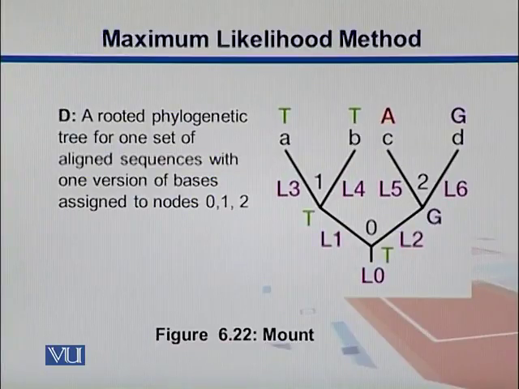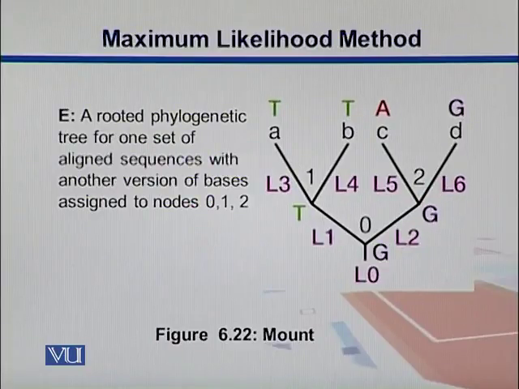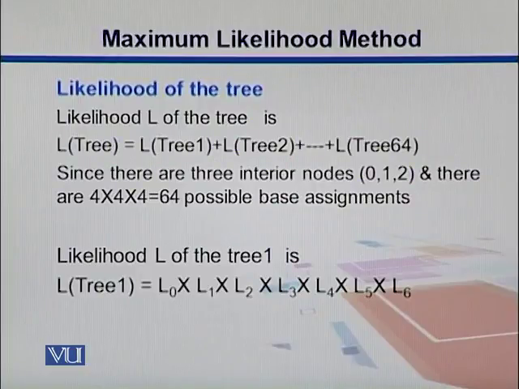In the second variant, the common ancestor is given the letter T, so again we can come up with its likelihoods. We can come up with different trees with different arrangements and their likelihoods. Here we put this common ancestor as G. There is another variant of this tree, and it also has L1 through L6, 6 likelihoods. The likelihood L of the tree can be calculated as given by this relation.